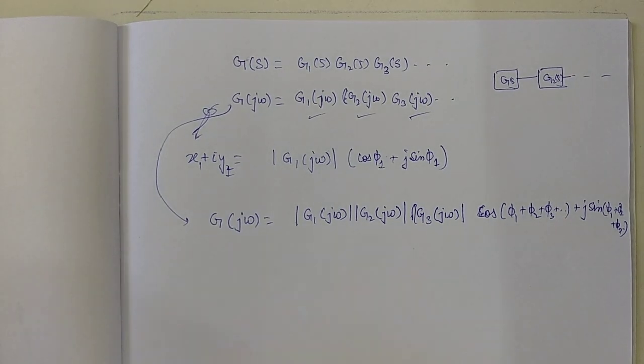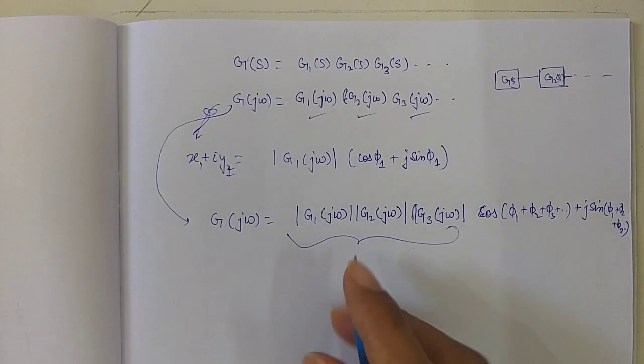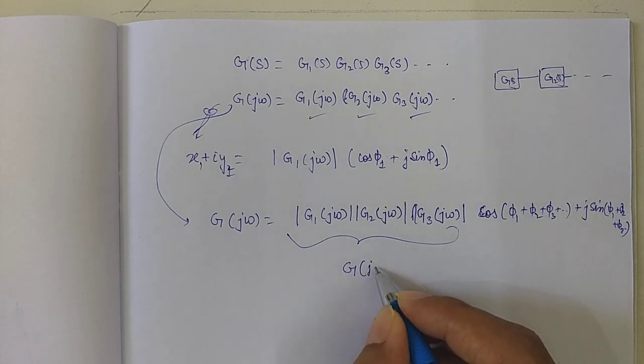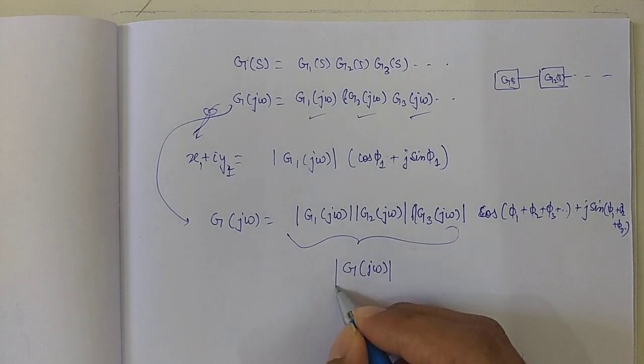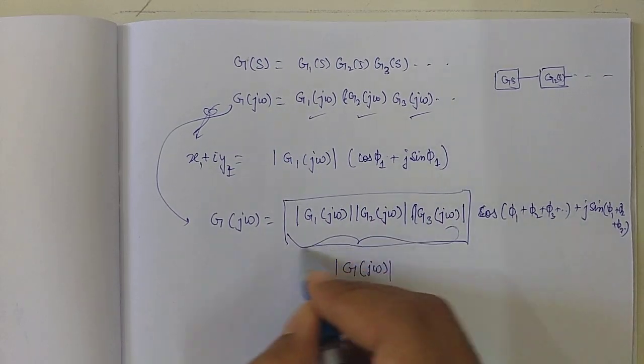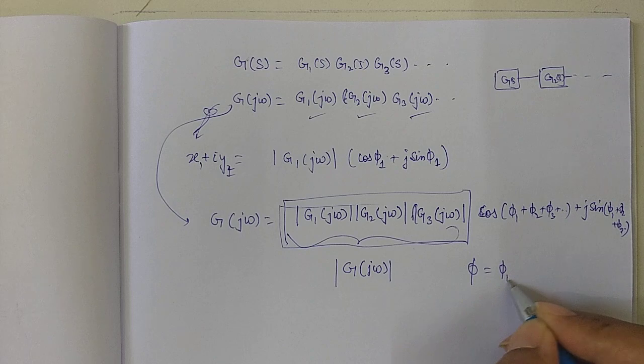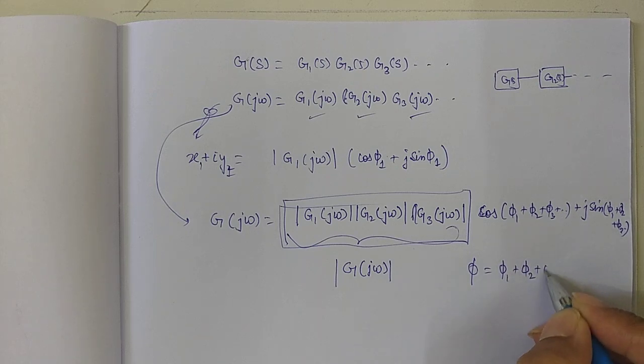So effectively the magnitude of the whole function will be the multiplication of all the magnitudes, and the phase is phi 1 plus phi 2 plus phi 3, right?